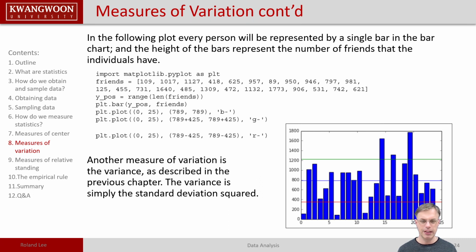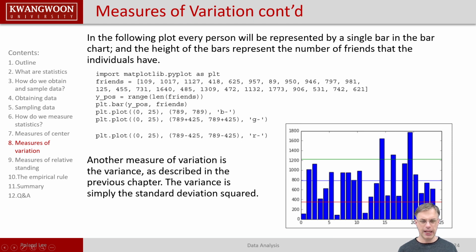The red line near the bottom is drawn at the mean minus the standard deviation, so 425, so it's 364. And then finally the green line towards the top is drawn at the mean plus the standard deviation, so it's 789 plus 425, as you see here as well. And that is the green line, what we have here.